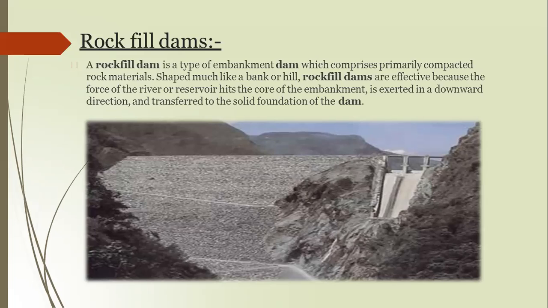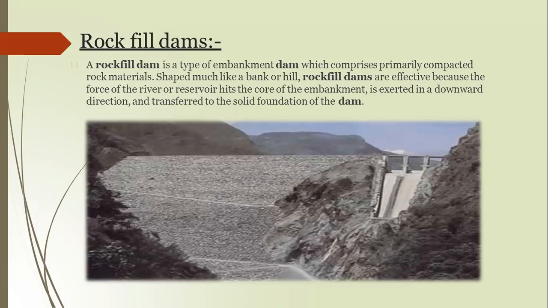Because of its shape, it retains the pressure exerted by the storage of water. It transfers that pressure, that force, to the solid foundation, and it firmly transfers that load because it is made with the help of pieces of rock.